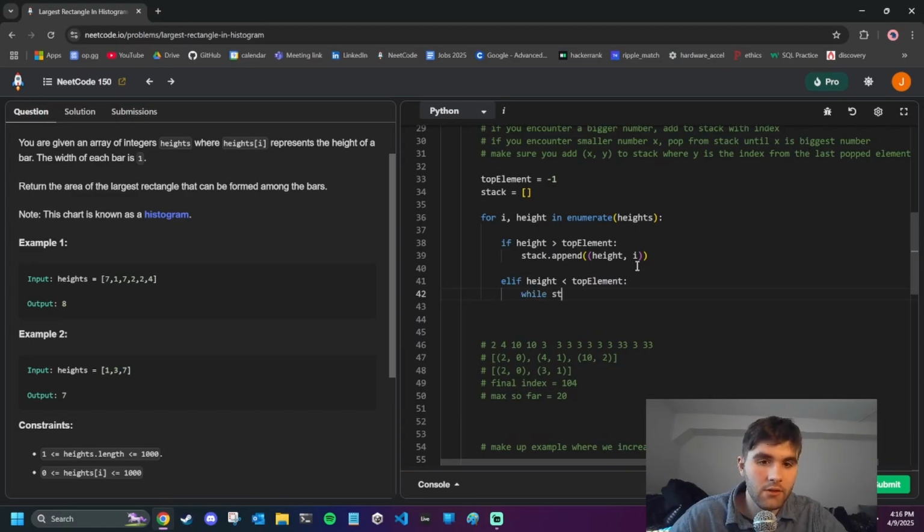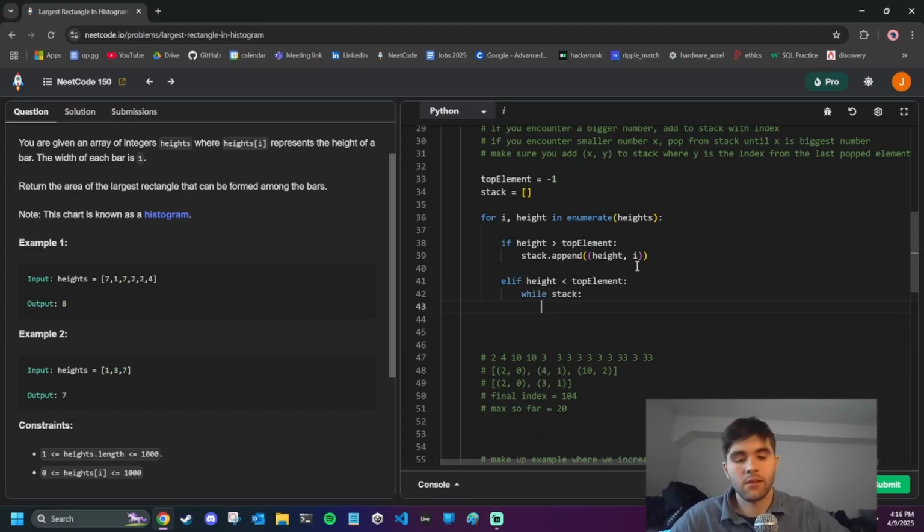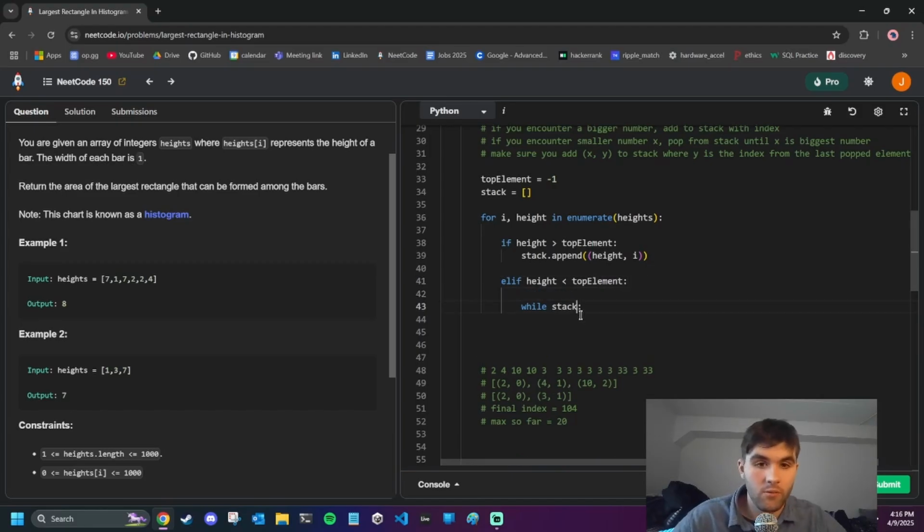Okay, so if it's less than the top element, then while the stack has anything at all, we want to continuously pop, and height is greater than the top of the stack's height.